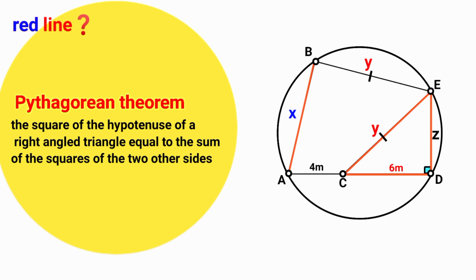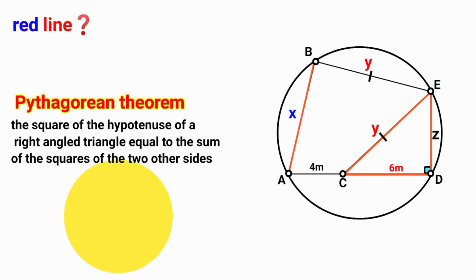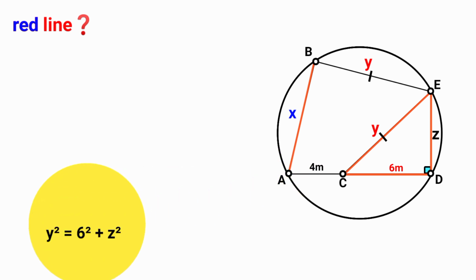The hypotenuse is the side facing the right angle. So by Pythagoras, the square of this y must be equal to the sum of the squares of this 6 meters and this z. So y squared equal to 6 squared plus z squared.